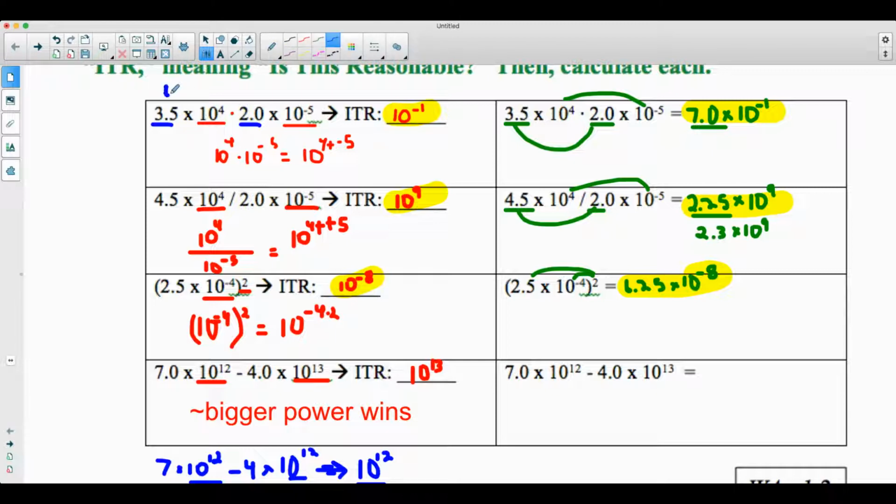If this were like 6 times 10 to the 4th, and then times 2 times 10 to the negative 5th, maybe I'll stick this one on the bottom in the actual printout notes. Well, then what you'll get over here, 6 times 2 is actually going to give you 12 times 10 to the negative 1.